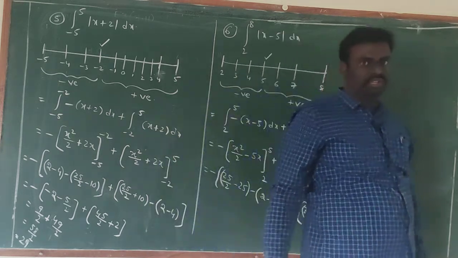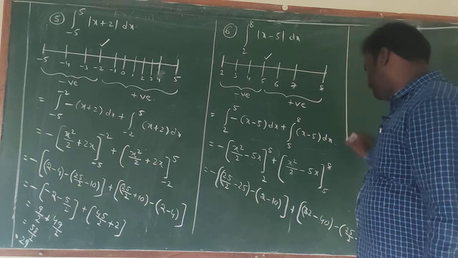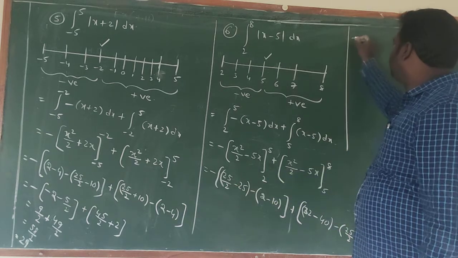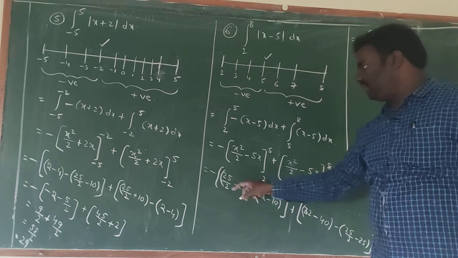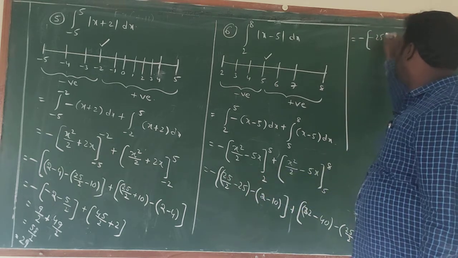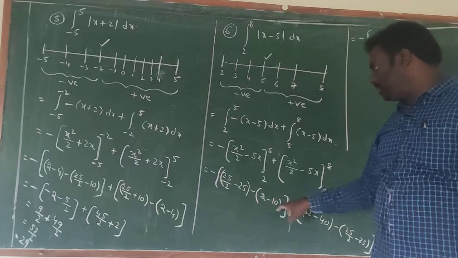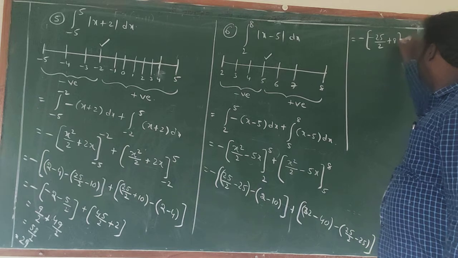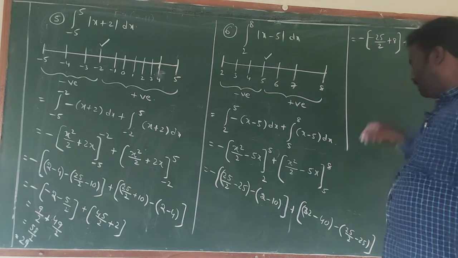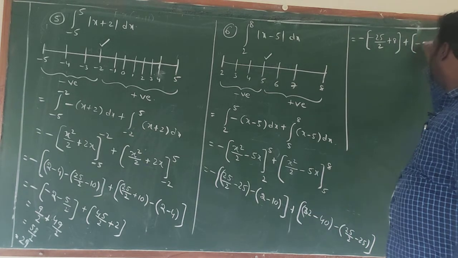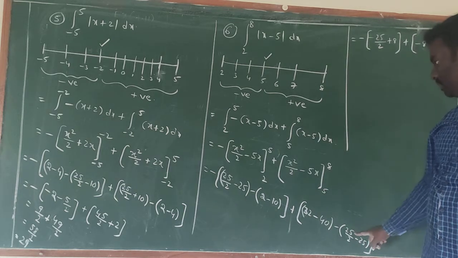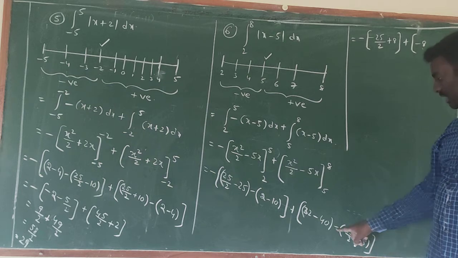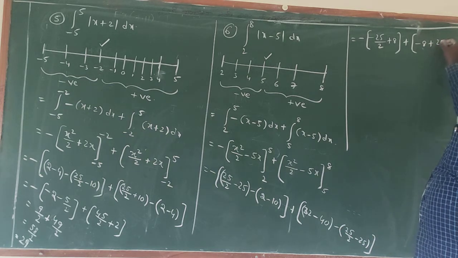Now simplify this, you will get the final answer. 5 twos are 10... 2 minus 10 is minus 8, already minus is there, so plus 8. 32 minus 40 is minus 8. 25 by 2 minus 25, taking LCM, minus 25 by 2, already minus is there, plus 25 by 2.